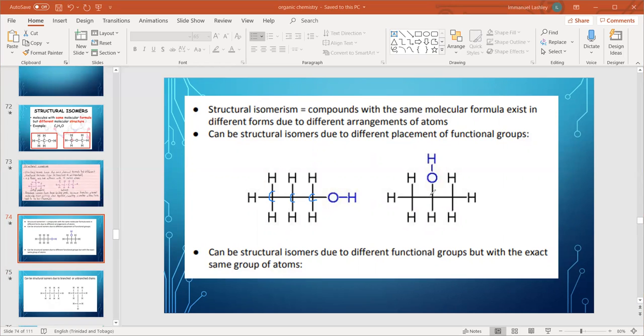Carbon is in the middle of these structures. So on this one, we have the OH group bonded to the carbon on the end, but in this second structure, the OH group is bonded to the carbon in the middle. Which means that even though they have the same number of carbons, hydrogens, and oxygens, they have different structural arrangements or different structural formulas.